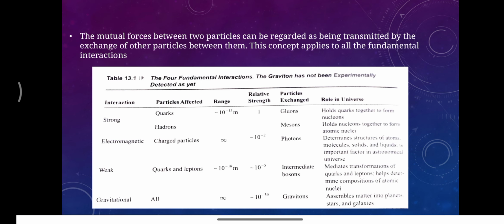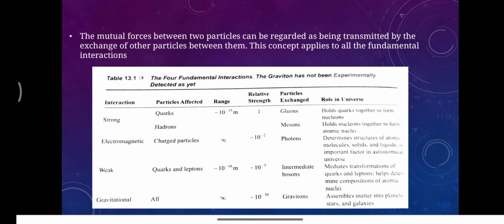The exchanged particles, which are also called bosons, are depicted in the table, which is classified in the form of interaction, particle affected, range, relative strength, particle exchanged, and role in the universe.